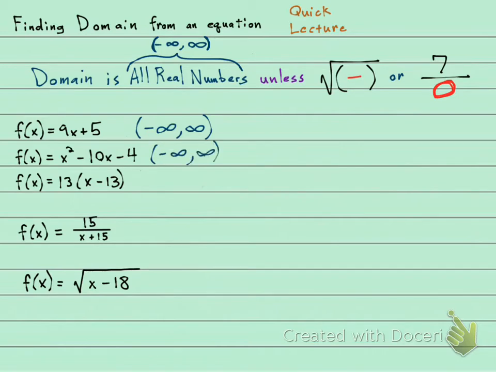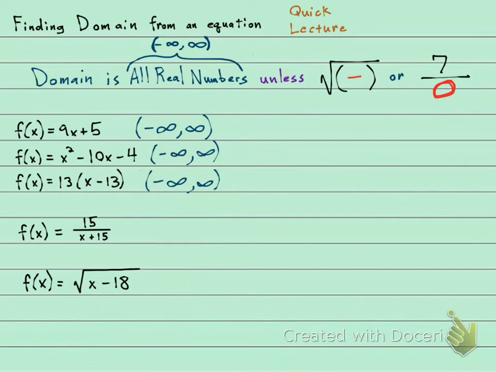What could I plug in for x? I could plug in anything. I could plug in a 1 or a 7 or a 1/2. Right? I will get something back out. Look at the third one. The third one, once again, is all real numbers. So if you don't see a fraction or radical, your domain is going to be all real numbers.